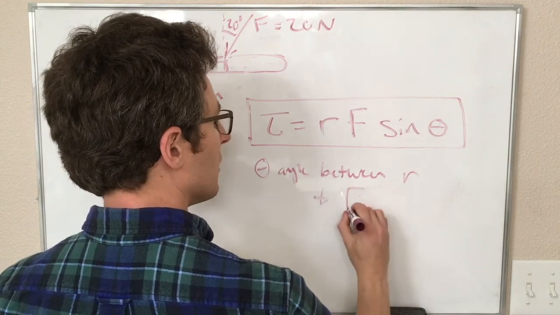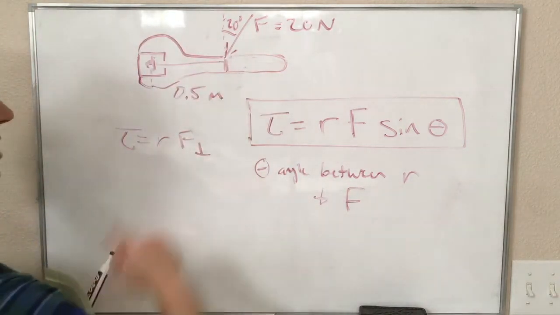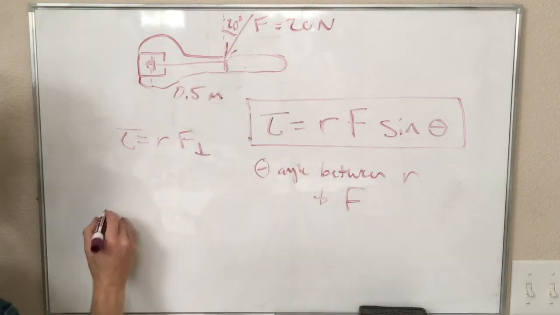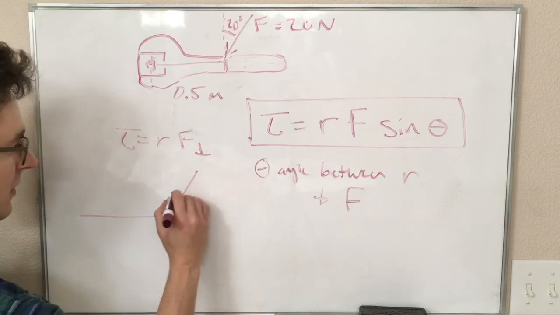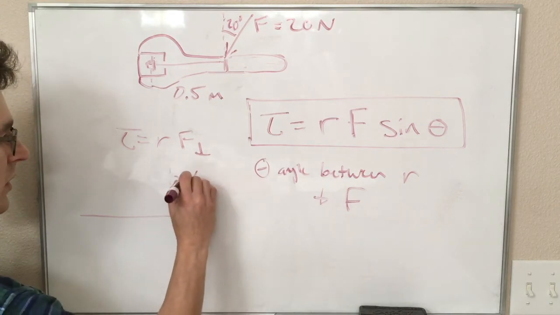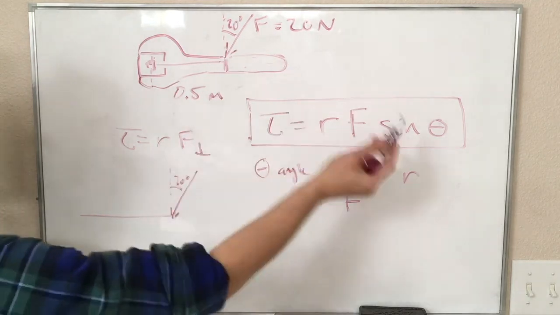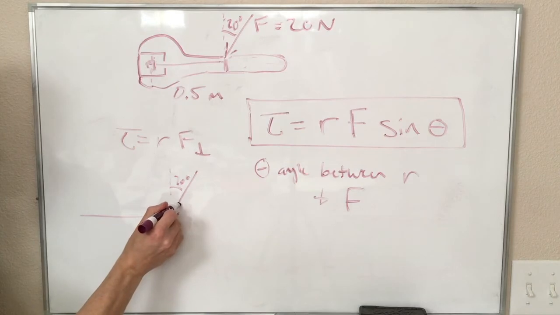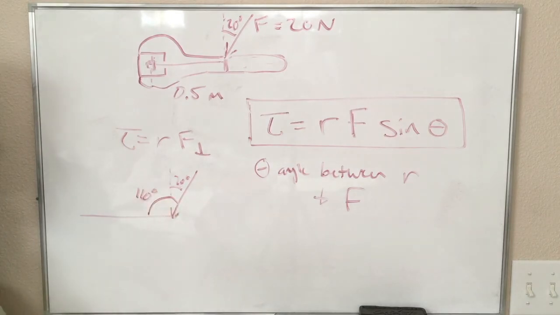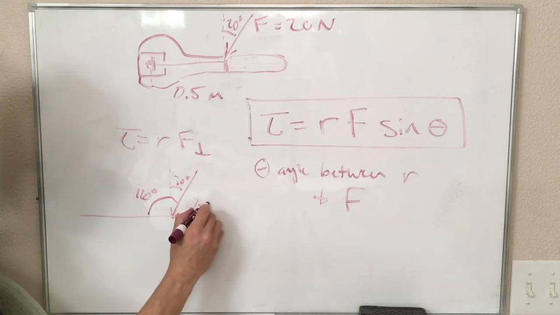between R and F. So in other words, for this example, like we just did here, our R looked like this, our force looked like this. This angle was 20 degrees, but the 20 degrees would not be what we plug into this equation because the angle between R and F is not 20 degrees. It is 20 plus 90, it's 110 degrees. Or you could also say the angle between it is over here and is 70 degrees.